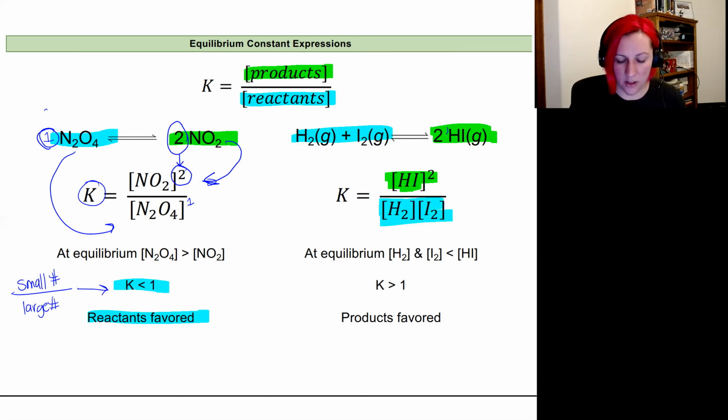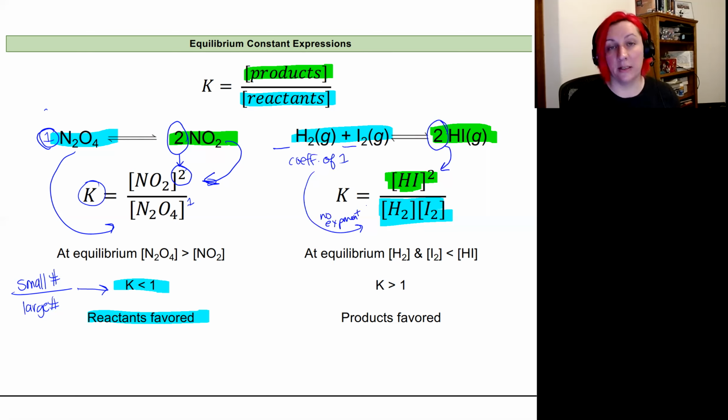So I have a coefficient of 2 in front of my HI, so I square the concentration of hydroiodic acid. And both my hydrogen and my iodine have coefficients of 1. So that means I have no exponent on my denominator concentrations.